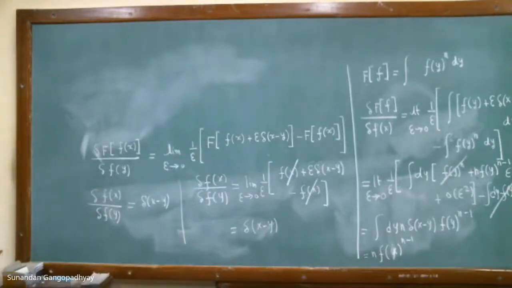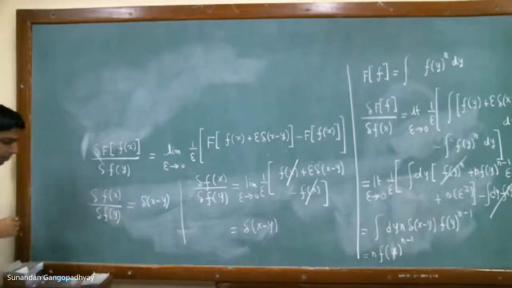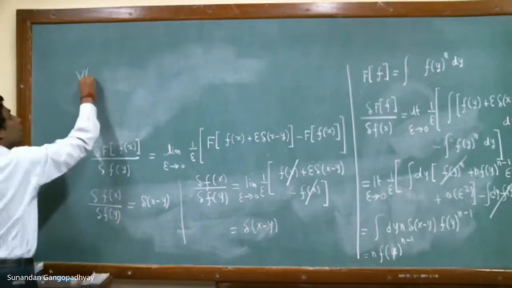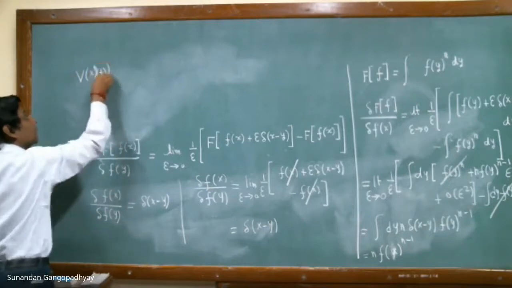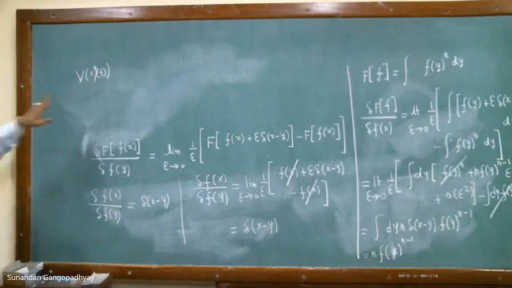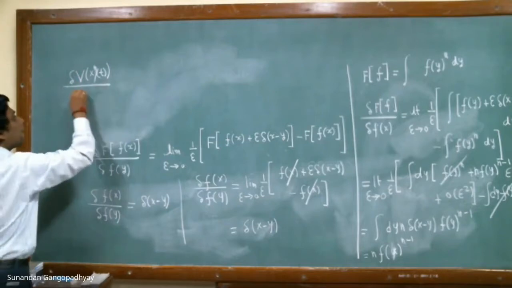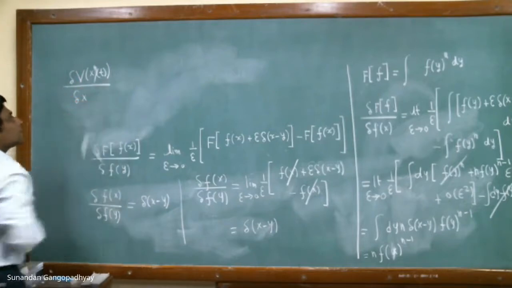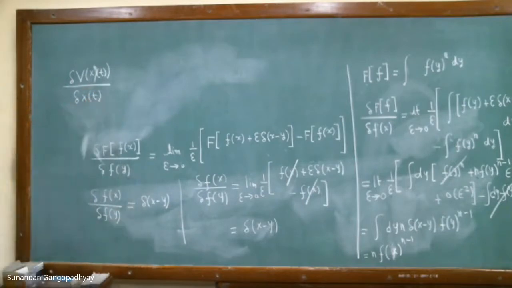So let us consider this. Suppose I give you a function v of x, which is like the potential, right? So v of x t. So this is a function. The potential is a function of this coordinate. And what we want to do is calculate this delta x of t. What will be this?